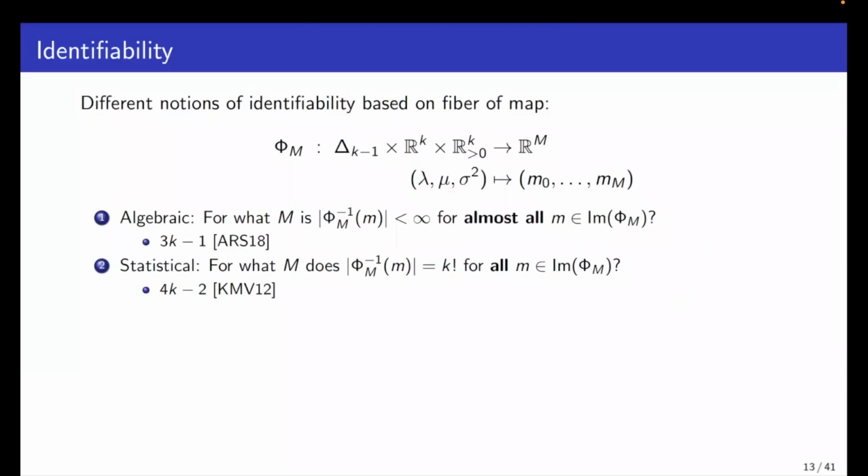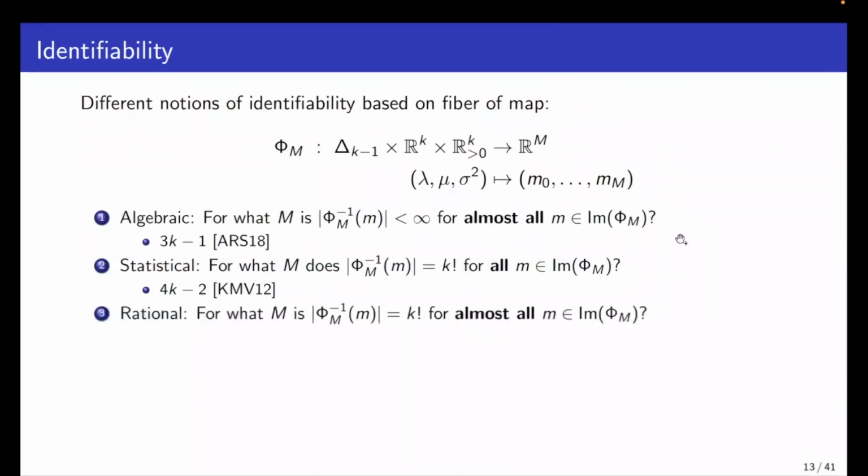Because with probability 1, you'll lie off a Zariski closed set in the image. So the first result I want to present is something that bridges the notions of identifiability between algebraic and statistical, and this is called rational identifiability.